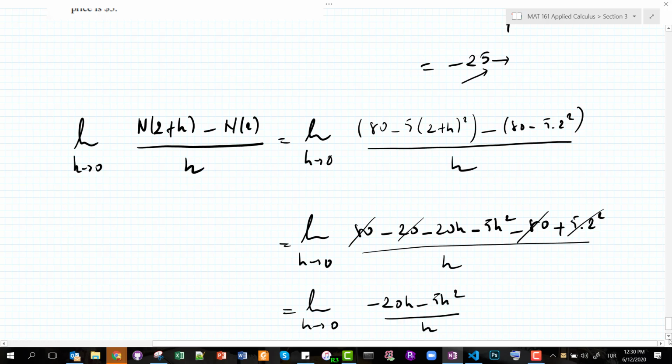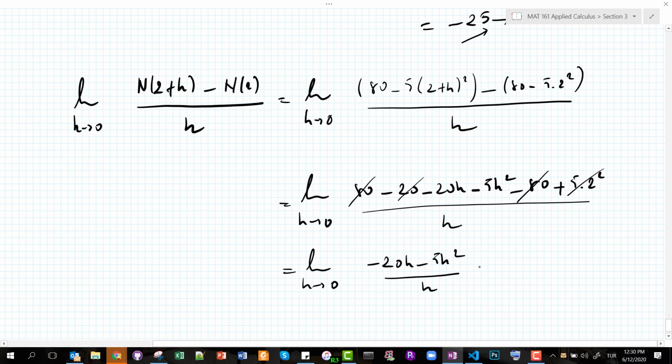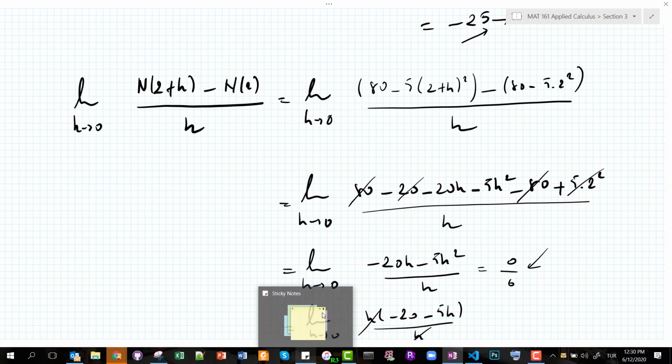If you try to take the limit when h goes to 0, this would give you 0 over 0. It is one of the undefined cases we learned how to deal with. What would you do? You would just take the h out: limit when h goes to 0, h times negative 20 minus 5h, over h. The h will go away. Now there is no other problem in my limit.